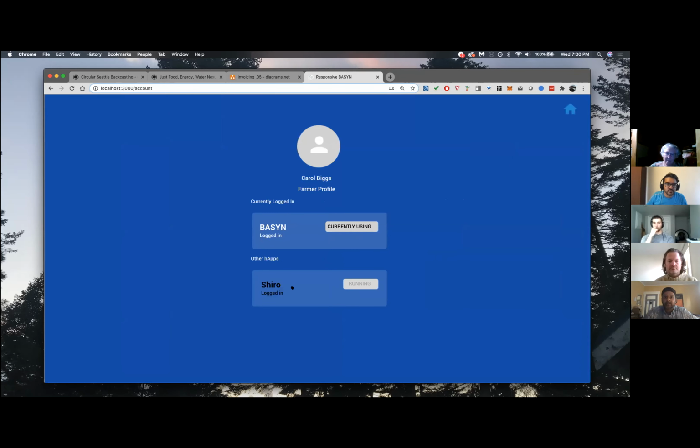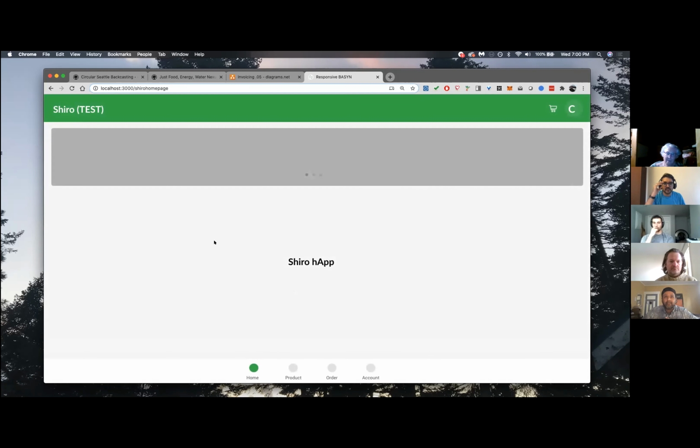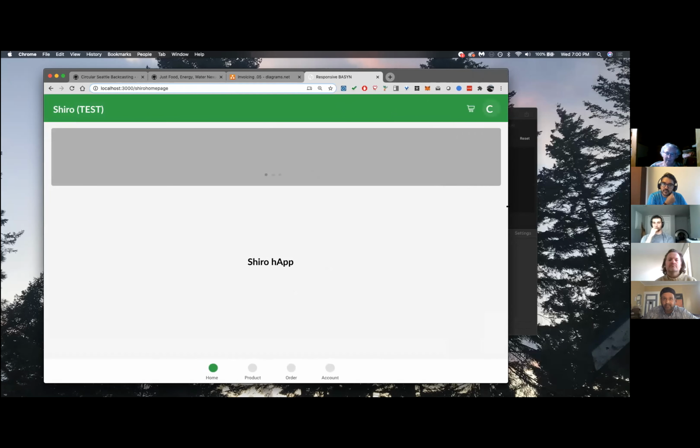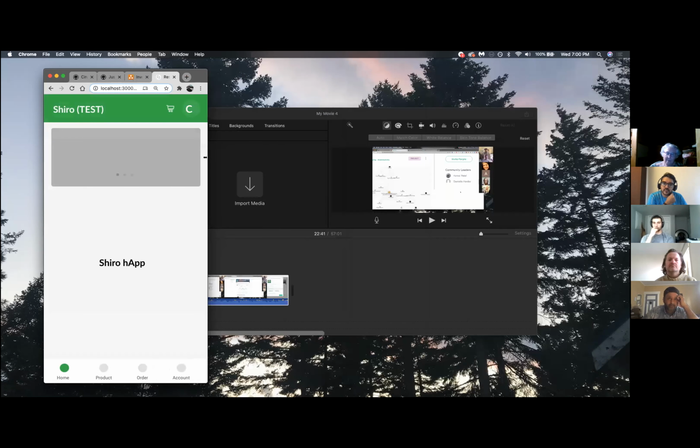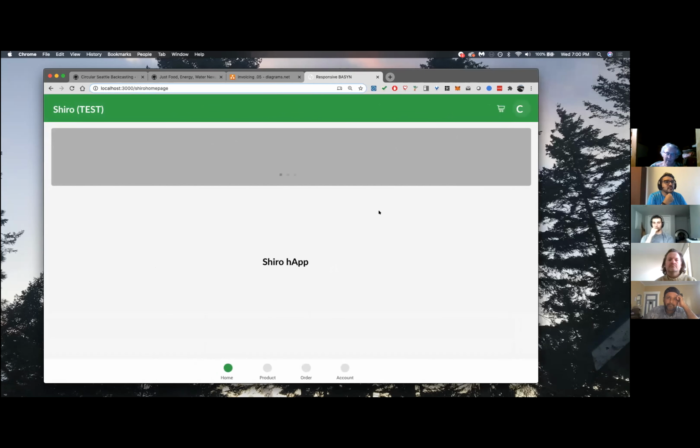So I click on Shiro, and this is the beginnings of Shiro. It's all responsive, which is nice. So let's say Carol wants to sell her onions. She can sell her onions on Shiro and do all her stuff there.